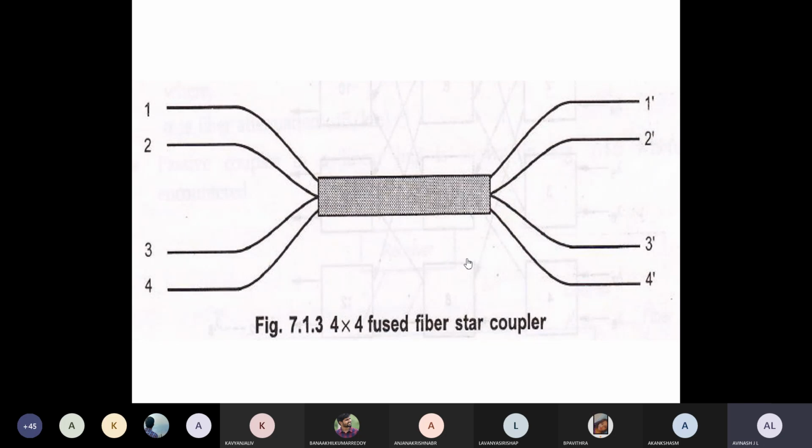Those who have taken the diagram, please raise your hands.